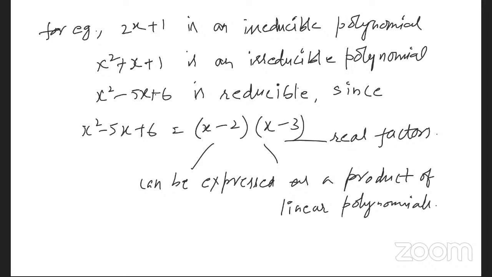So this one is an irreducible polynomial, and this is also irreducible because it has complex roots, and the roots have to be real. But x square minus 5x plus 6 can be expressed as a product of two linear polynomials. So this is a reducible polynomial.